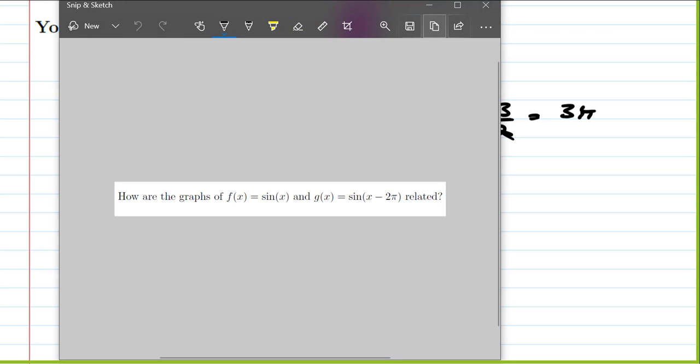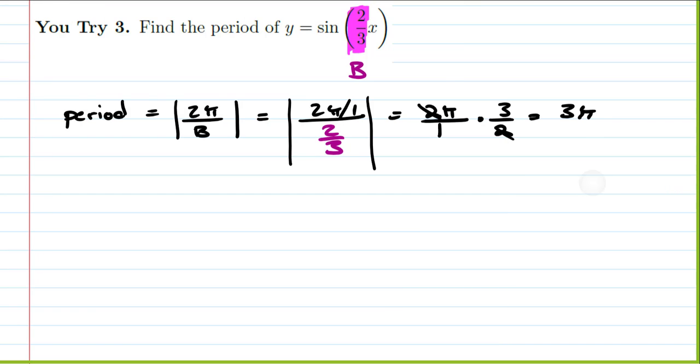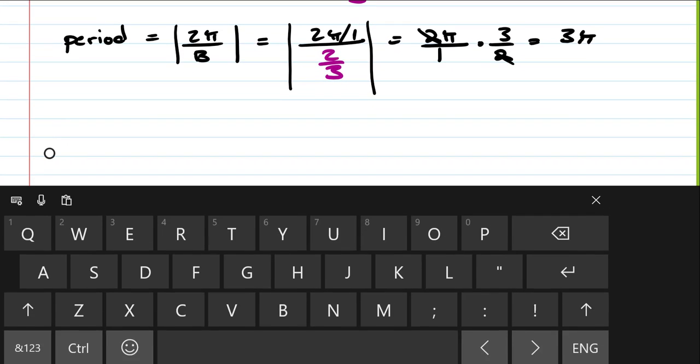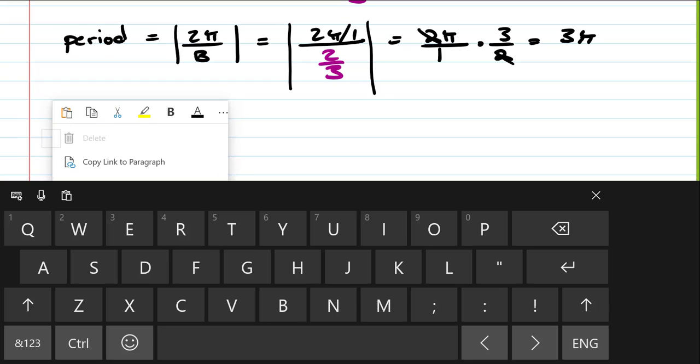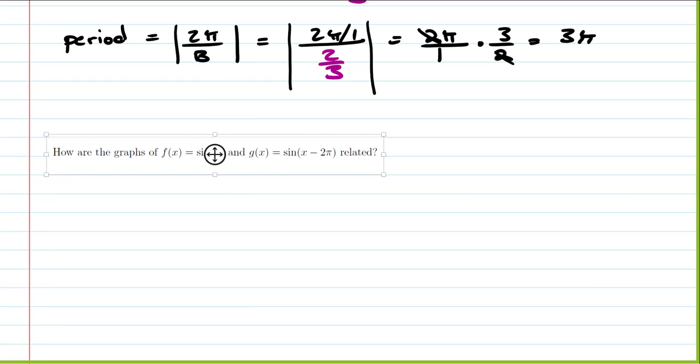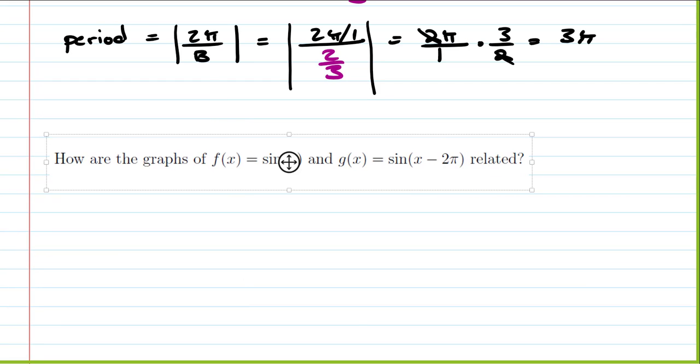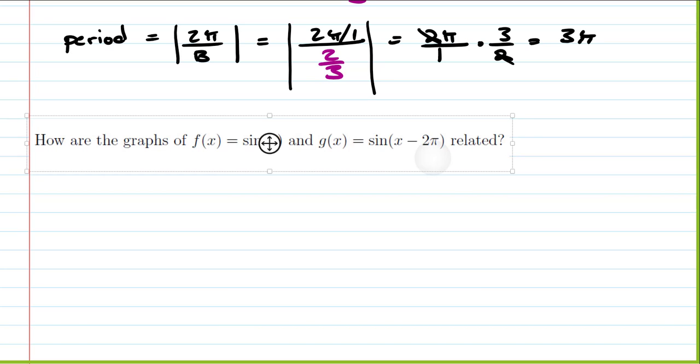All right, so now let's ask ourselves the question, how are the graphs of sine, so f of x equals sine x, and g of x equals sine of x minus 2 pi related? Well, in terms of what we know about parent functions, what would this represent? Well, what is the x minus 2 pi?